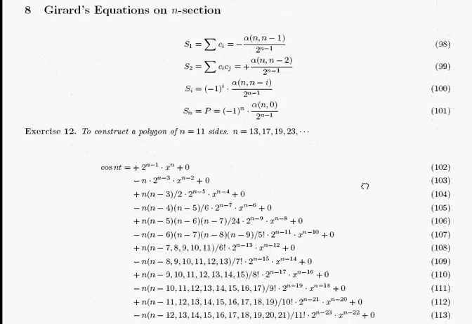Exercise. Construct a polygon of n equals 11 sides, 13, 17 sides, 19 sides, 23 sides, any sides.